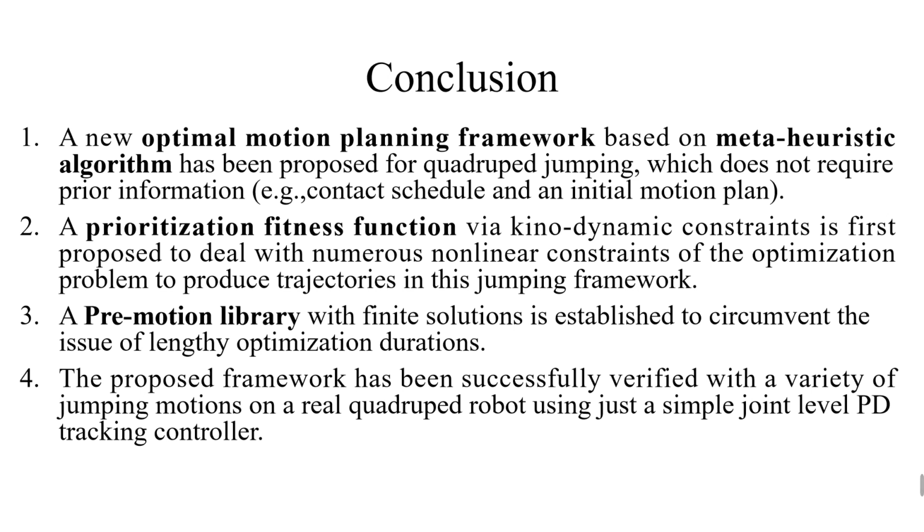Next, a pre-motion library with finite solutions is established to circumvent the issue of lengthy optimization durations. Finally, the proposed framework has been successfully verified with a variety of jumping motions on a real quadruped robot using just a simple joint-level PD tracking controller.